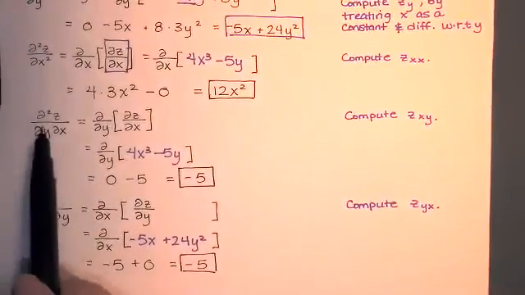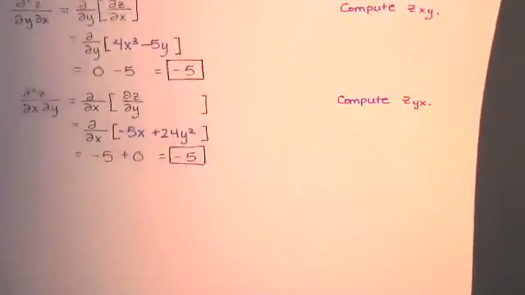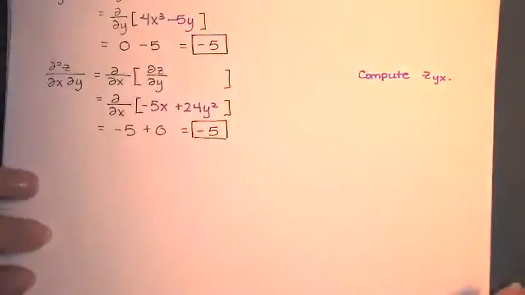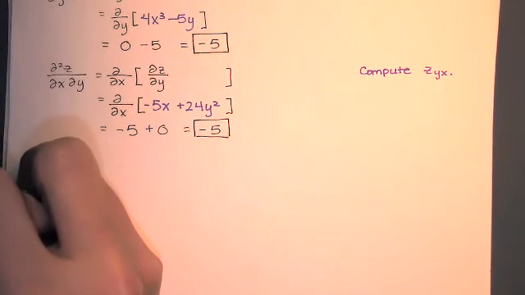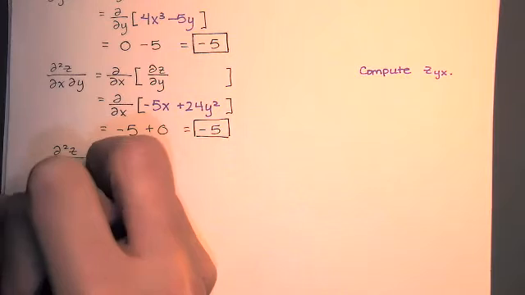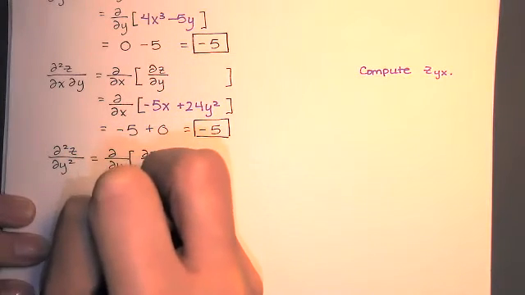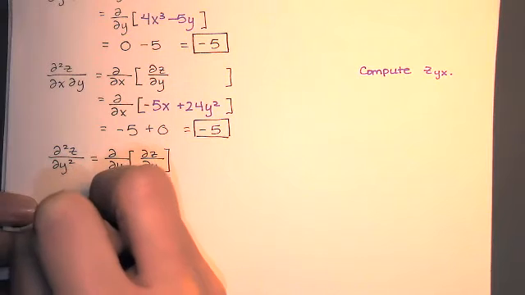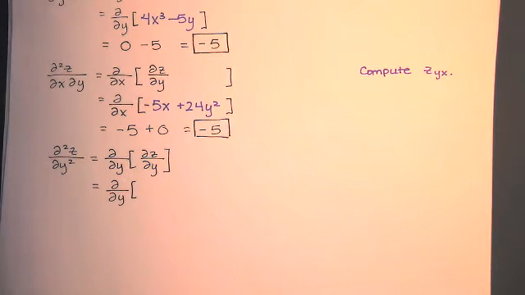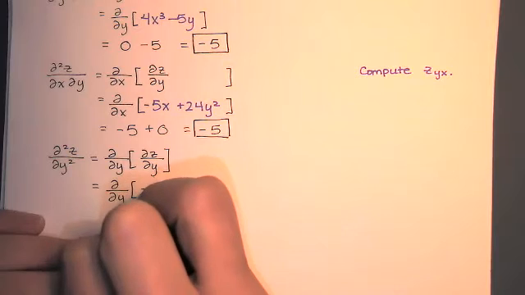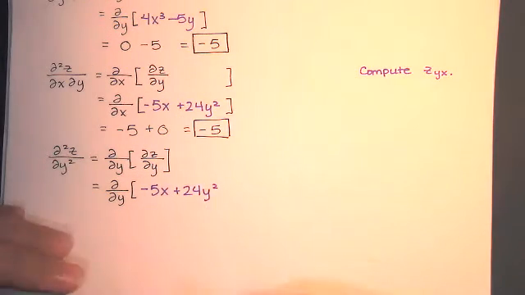And we did the second partial of z with respect to x. Then we did the two mixed partials. Now we want to take the second partial of z with respect to y. So you're just taking the partial of z with respect to y, and you're taking its partial again with respect to y. So it's just a little bit of repetition. The partial of z with respect to y was negative 5x plus 24y squared.